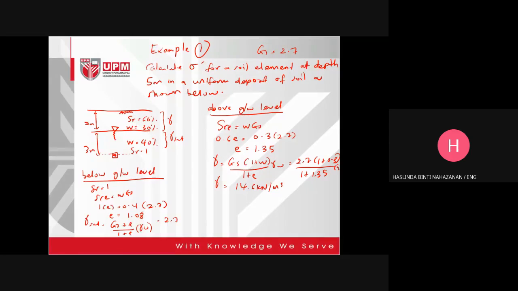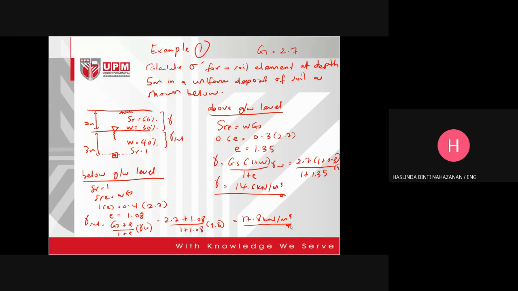So (2.7 plus 1.08) divided by (1 plus 1.08) multiplied by 9.8. Then saturated unit weight equals 17.8 kilonewton per meter cube. Now we have the information needed: above water level is 14.6 and below water level is 17.8.